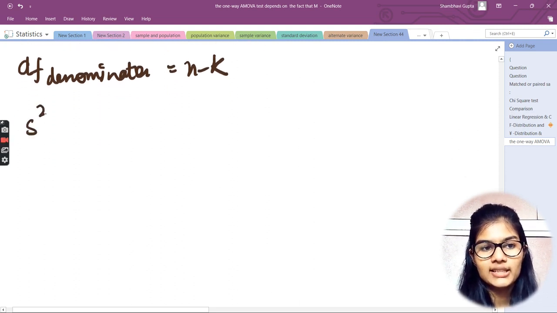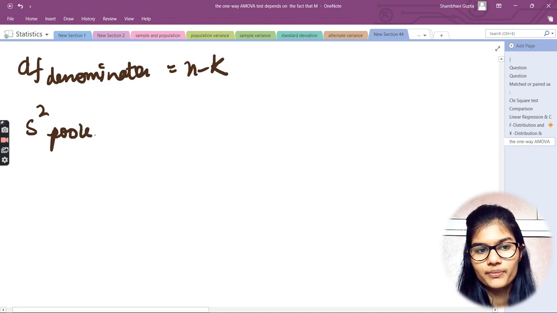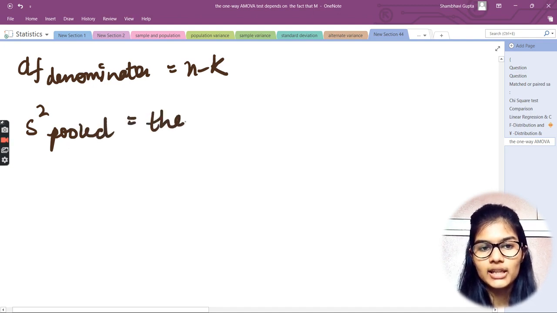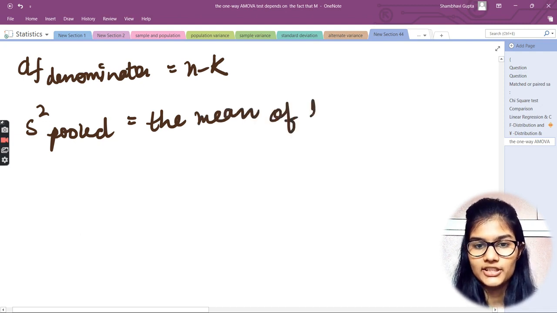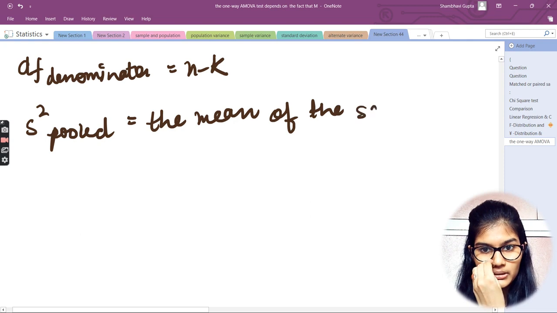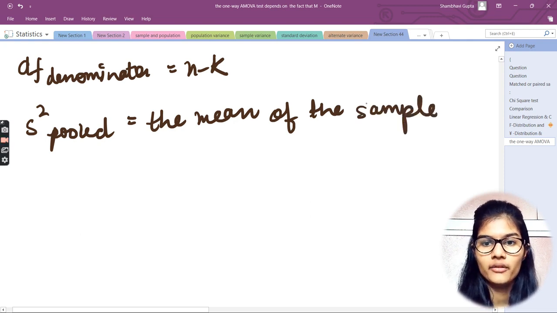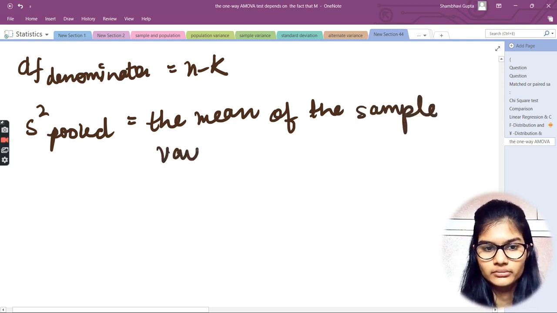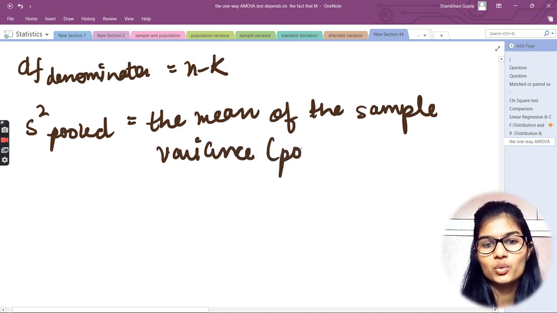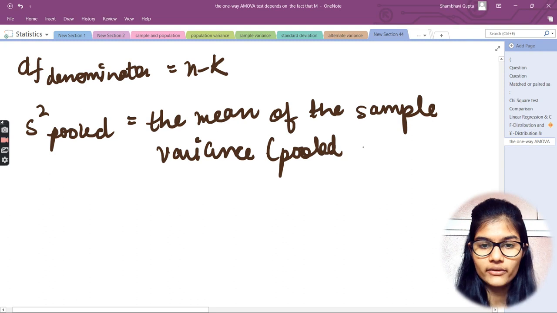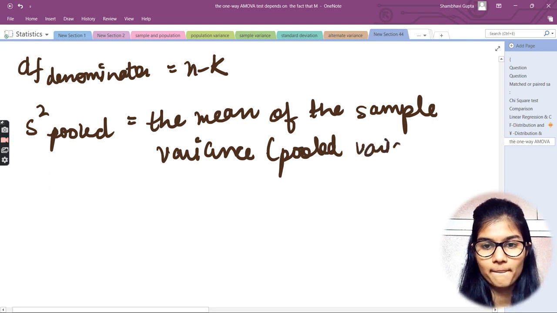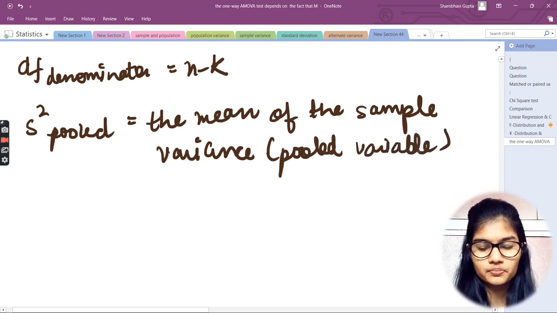Now next we have S squared pooled. That is equal to the mean of the sample variance. That's the pooled variance which I have written above in the formula.